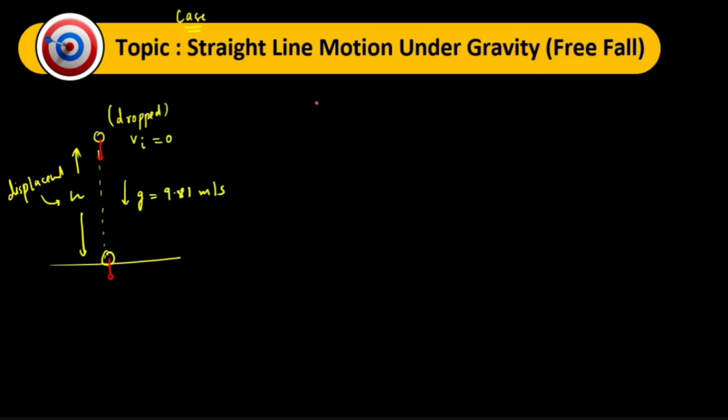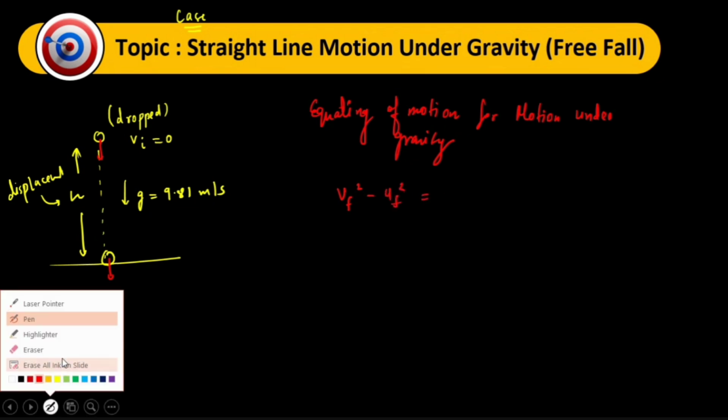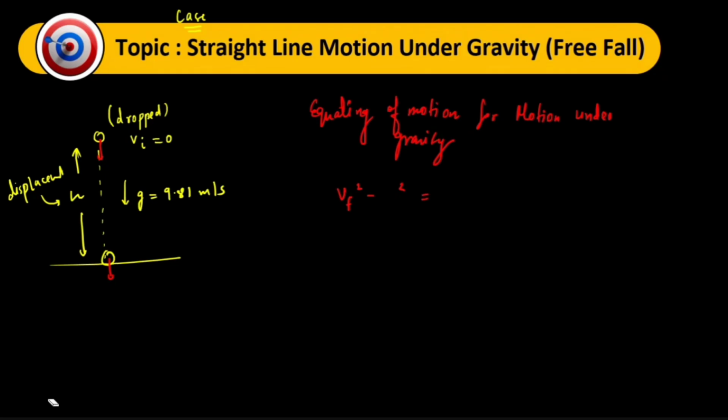So the equations of motion for motion under gravity become: Vf square minus Vi square is equal to twice of g into displacement, that is h.